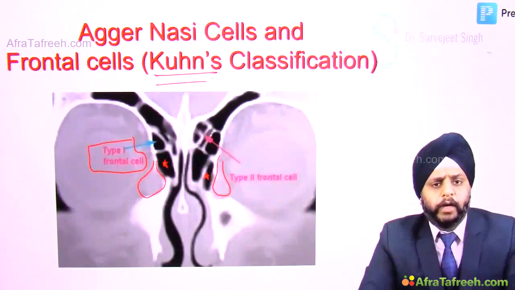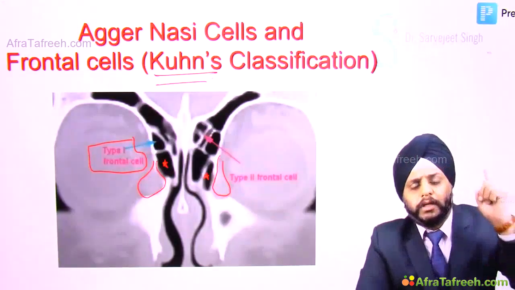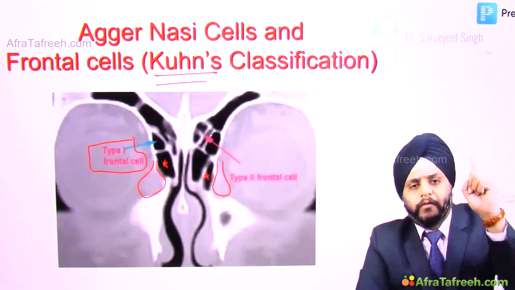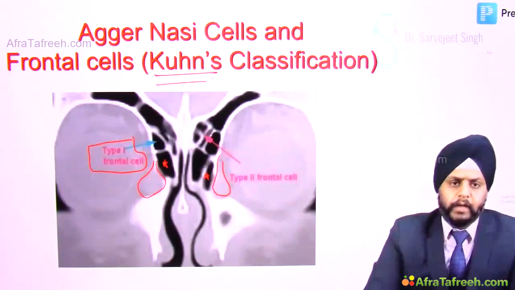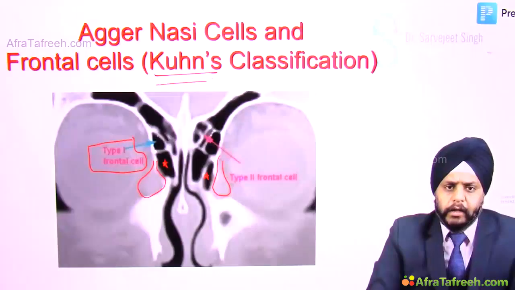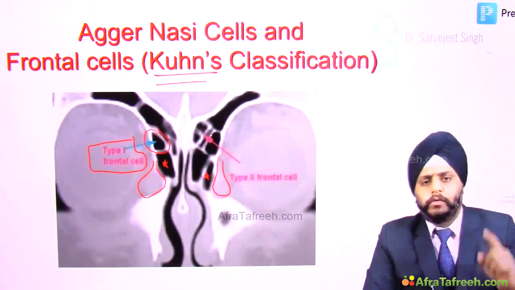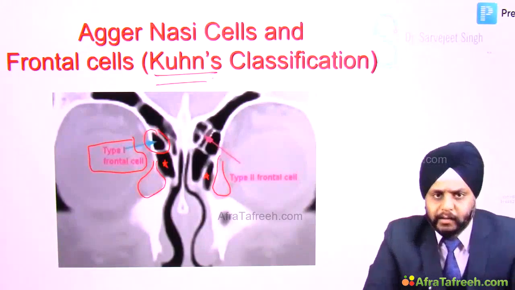Type 1 frontal cell. What is a type 1 frontal cell? A type 1 frontal cell is a single cell above the agger nasi. On the right side, you can see there is one single cell above the agger nasi. So this is known as a type 1 frontal cell.